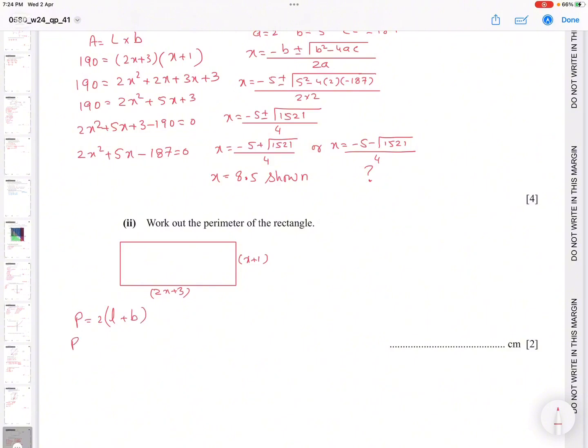What is your length? 2 into 8.5 plus 3, this is 20. And in x plus 1, your 8.5 plus 1 is 9.5. So you write 20 in length and plus 9.5 in breadth. So your perimeter is 59 centimeter.